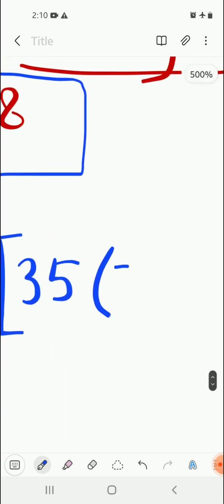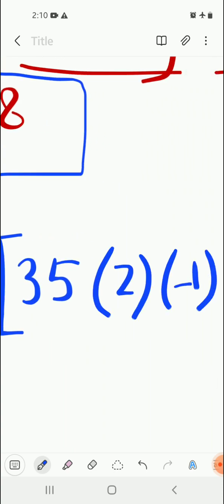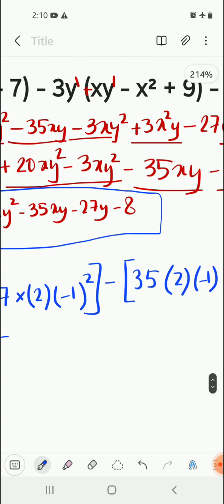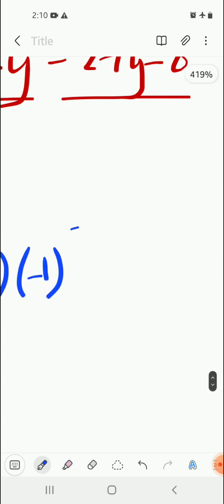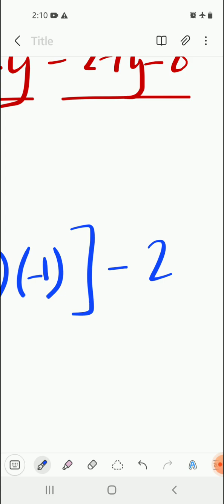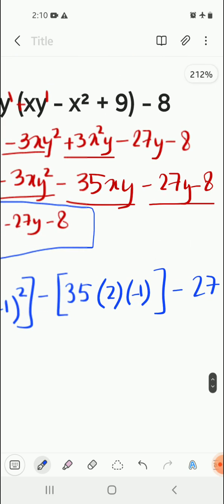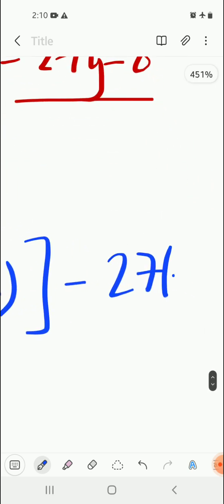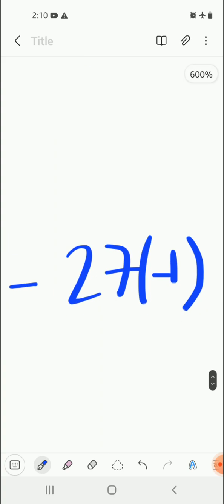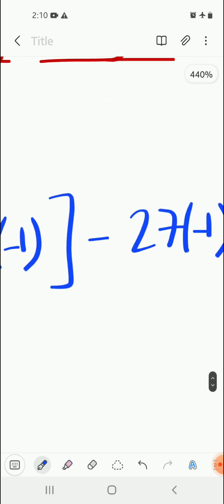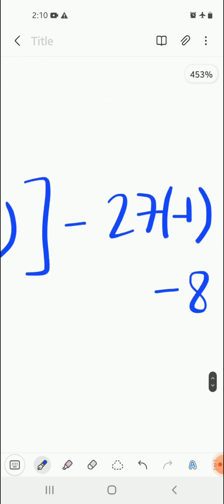Instead of x, we are going to write 2, and instead of y, we are going to write minus 1. So this is done. Next is minus 27y. So 27, instead of y, we are going to write minus 1. And finally, the last one is minus 8. Here there is no space, so I am writing it over here.